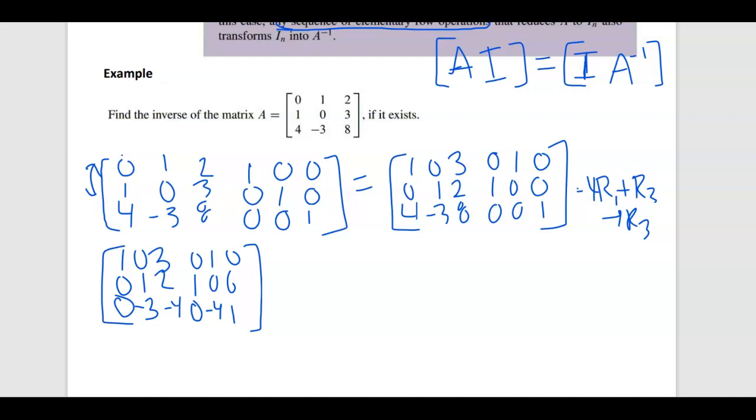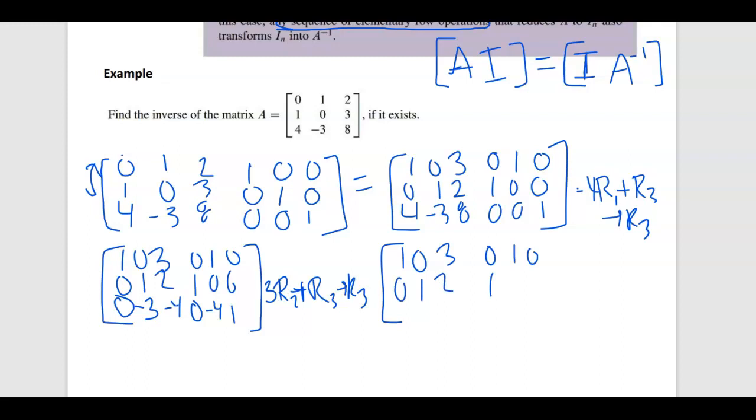All right, then I'm going to take 3 times row 2 plus row 3 and put that into row 3. That gives me a 0 here. 6 minus 4 gives me 2. 3 plus 0 gives me 3. -4, and then 1.